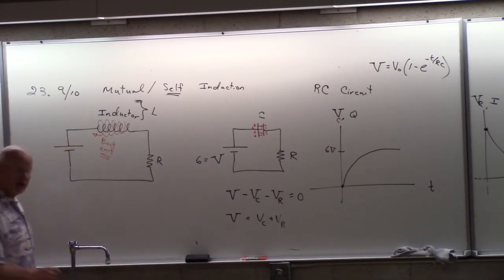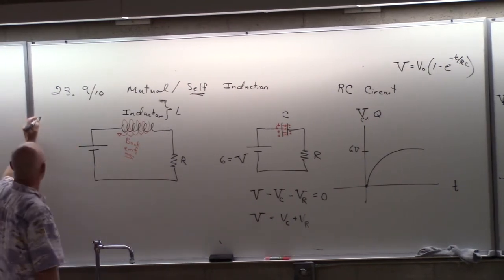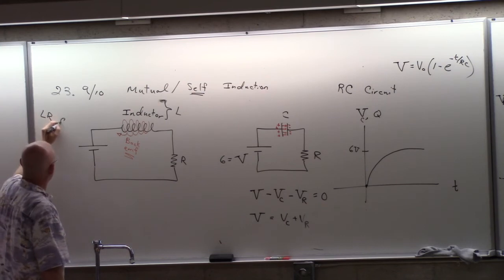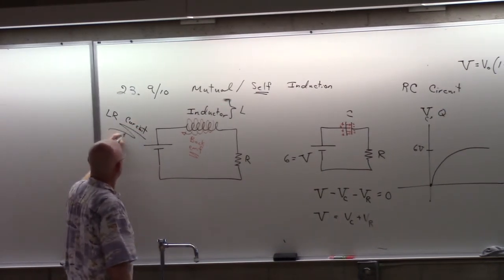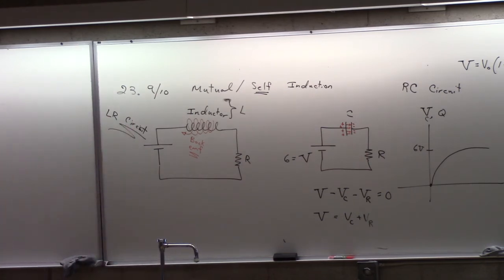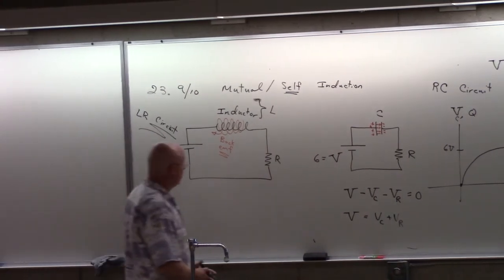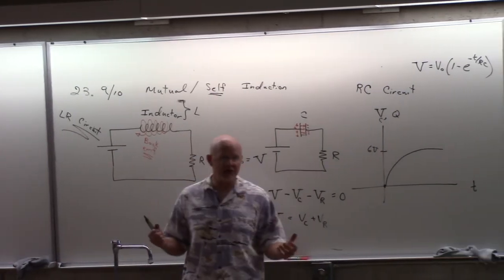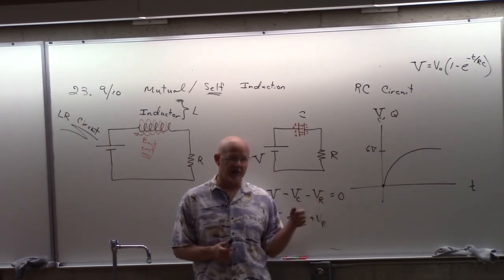We're going to call this an L. And so this is going to be referred to as an LR circuit. I have an inductor and a resistor. And what I'm trying to do is get you to see the comparison, especially since we've already done capacitors.